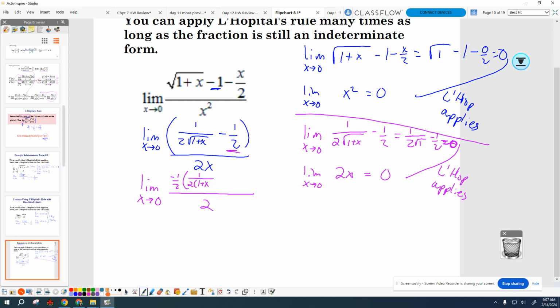Lower the power from 1/2 to 3/2. Plugging in 0 for x, I get negative 1/2 times positive 1/2 divided by 2, which is negative 1/4 divided by 2, which is negative 1/8.